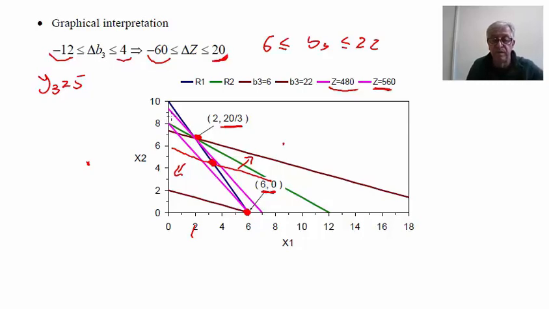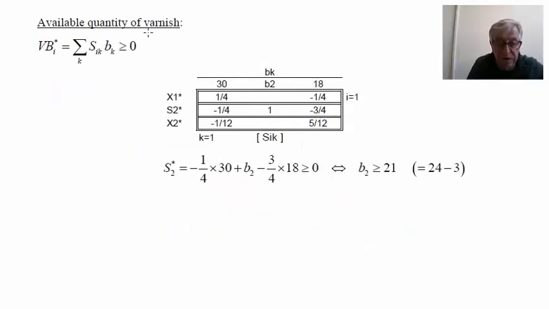in which we have these coordinates. Let's consider now the availability of varnish. To build the inequalities, we consider b2 as the unknown, but we can consider only the second line, because in the first line and in the third line, in the column of b2, we have a coefficient of 0.